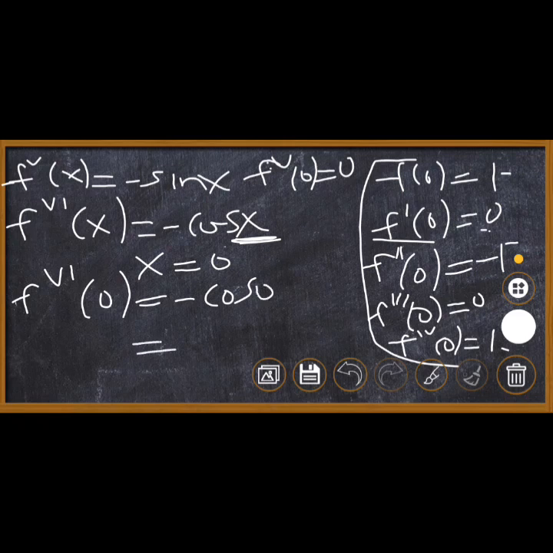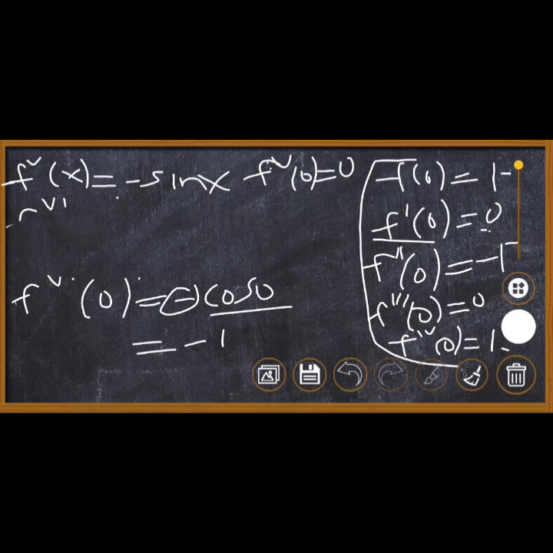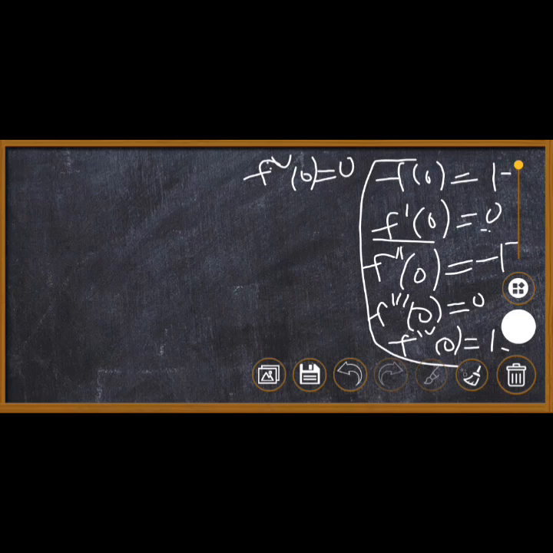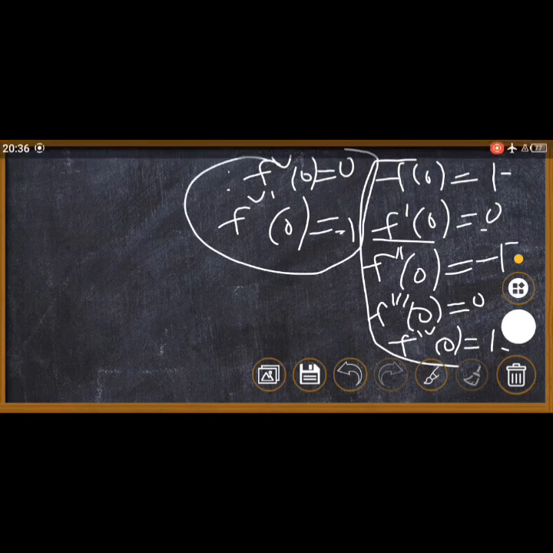So what's the value of cos of 0? It's just 1. So multiplied by negative here, we are going to have negative 1. So it implies that our sixth derivative is also negative 1, which is giving a definite value instead of 0. Okay, so these are the values that we are going to replace in the theorem.